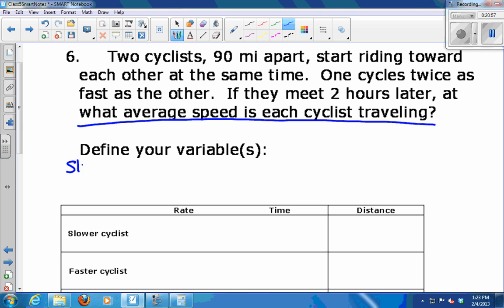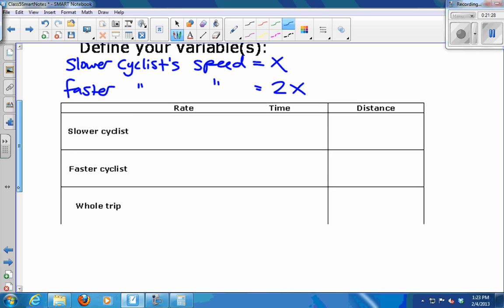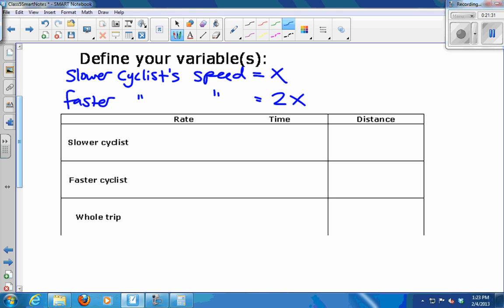So let's say the slower cyclist's speed we can call x. Which means what is the faster cyclist's speed? 2x, because one's going twice as fast as the other. So we have our variable expressions. Slower cyclist, x. Faster cyclist, 2x.